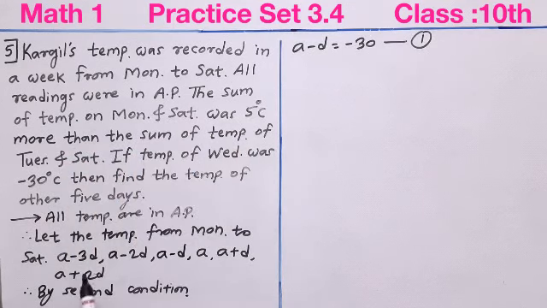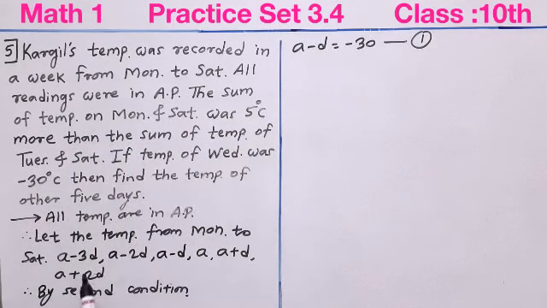Was 5 degrees Celsius more than the sum of temperature of Tuesday and Saturday. Tuesday's temperature is A minus 2D and Saturday's temperature is A plus 2D. Their sum is 5 degrees Celsius more, so we write: A minus 2D plus A plus 2D, and 5 degrees Celsius more means you can add plus 5.